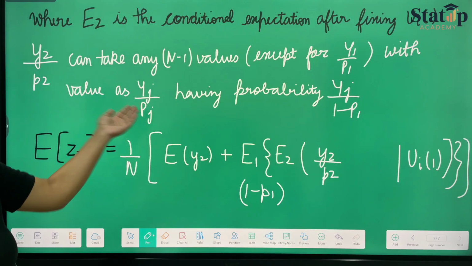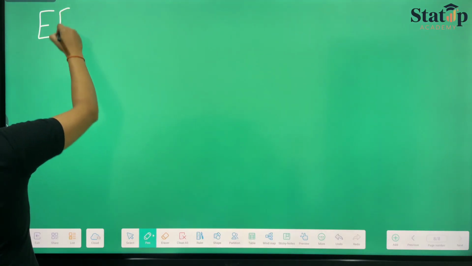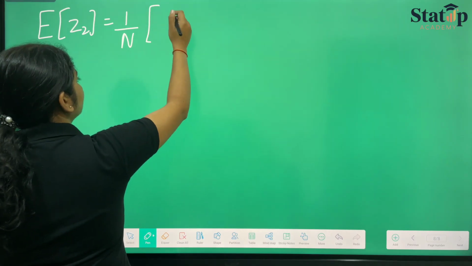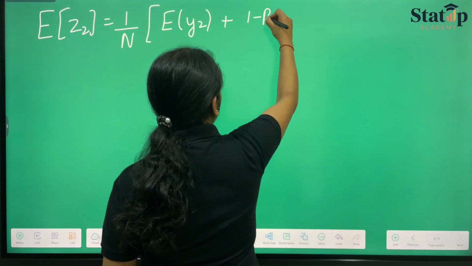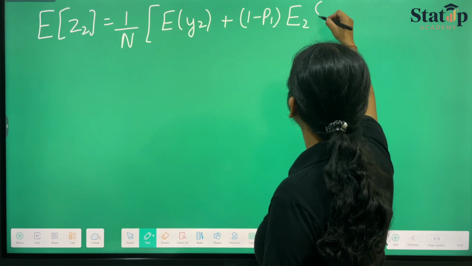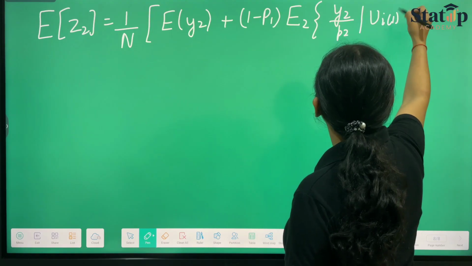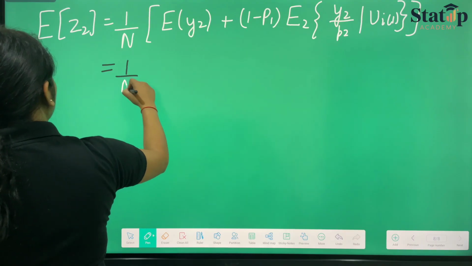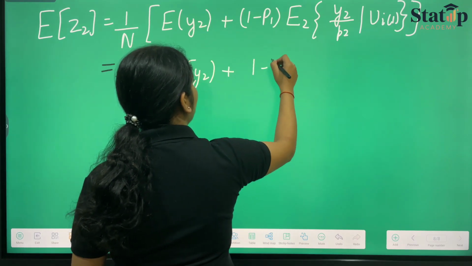So we'll directly put the values here. We get expectation of z2 equal to 1 upon n expectation of y2 plus 1 minus p1 into expectation of y2 upon p2 given u1.